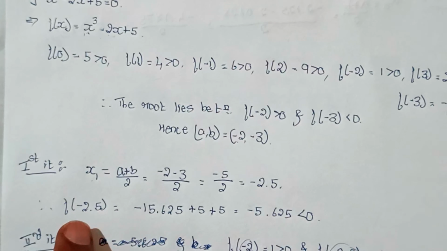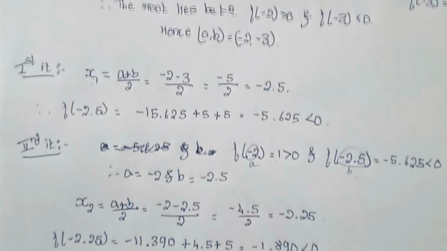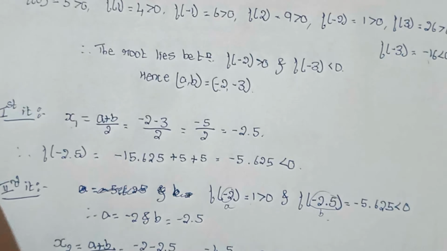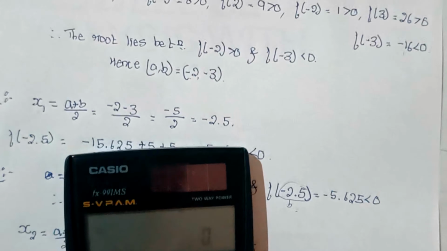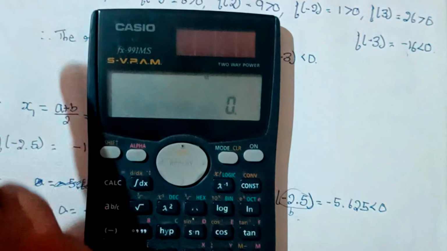We can cross-check this f of x1, f of x2, f of x3, f of x4 and similarly f of x5 using the calculator. How to calculate this? First the equation is x cube minus 2x plus 5.